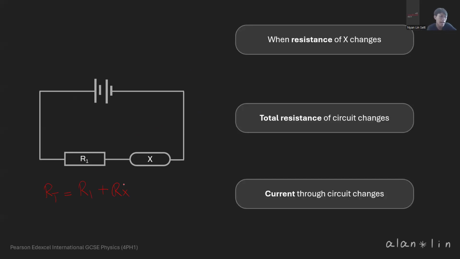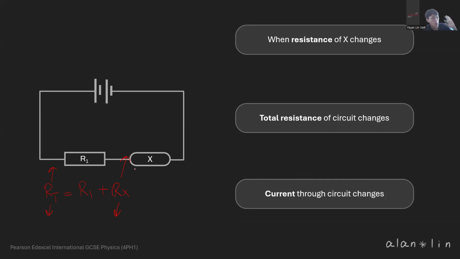So assuming that the resistance of X decreases, the total resistance is also going to decrease because it is a sum. If the resistance of X increases, the total resistance is also going to increase because it is a sum. So it's basically a direct effect.